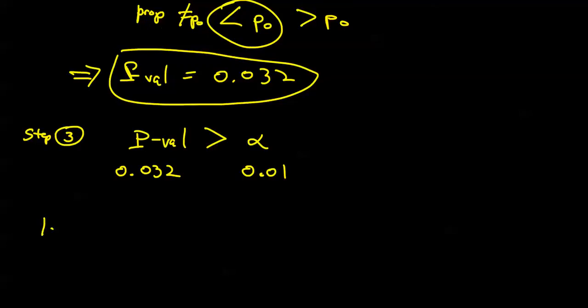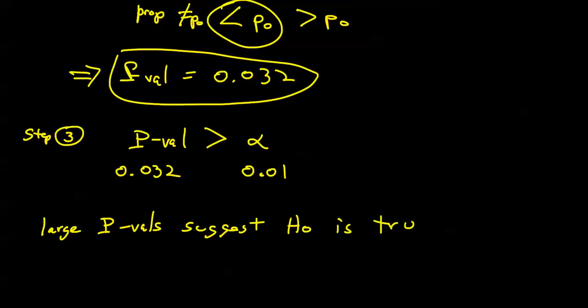So remember the slogan, large p-values suggest H0 is true. There's nothing wrong with H0, possibly. So my conclusion here would be to fail to reject H0.